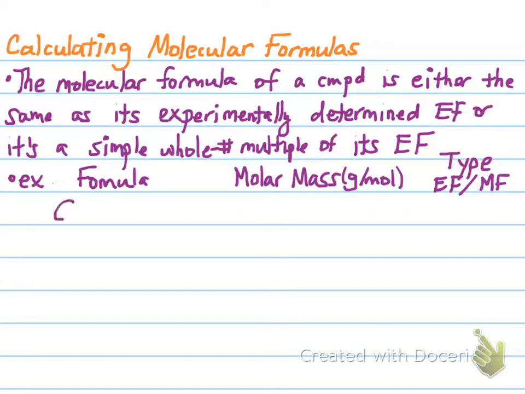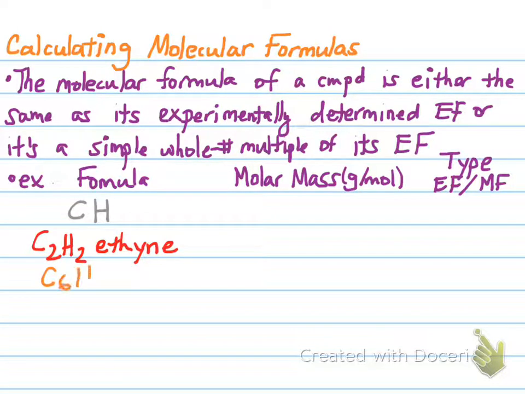All right, so our first formula, CH. Maybe I'll do these in different colors. Feeling colorful anyway. Our second one, C2H2, which is ethyne. Next one, C6H6, which is benzene. You don't have to know the names, I'm just giving them to you.